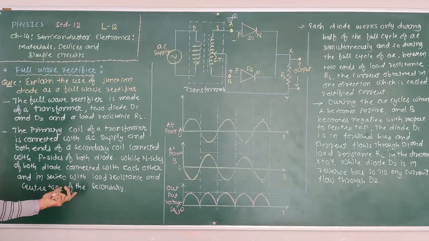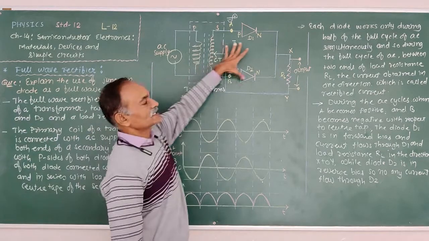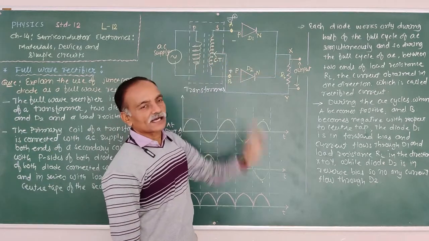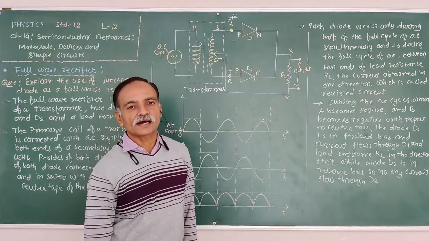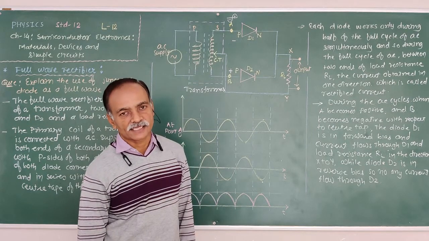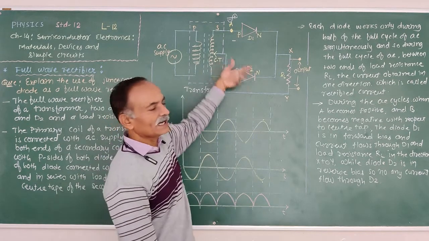How does it work? Each diode works only during half cycle of the full cycle of AC. One by one they are working.